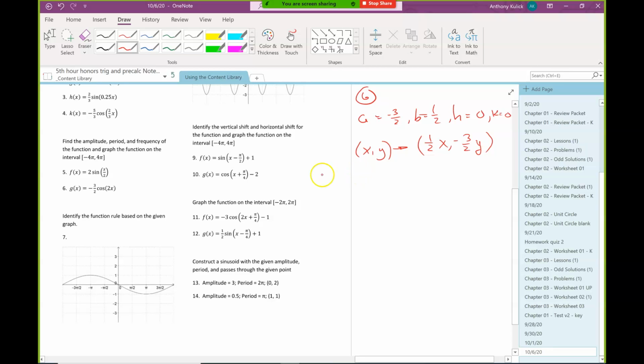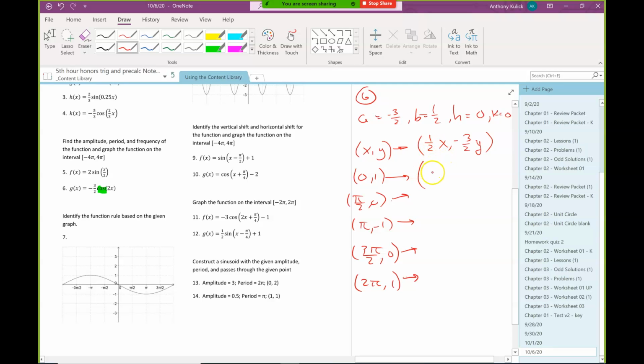And then, because this is cosine, again, I'm going to use the key points for cosine, which were the same key points we did for Elizabeth's question. And now I'm just going to push those through.